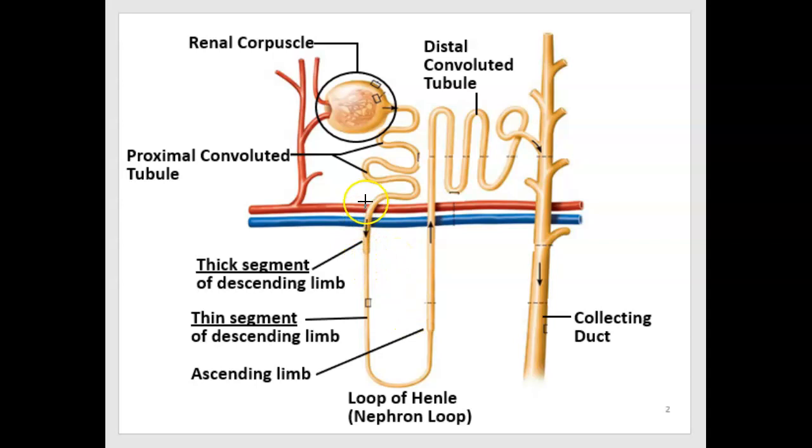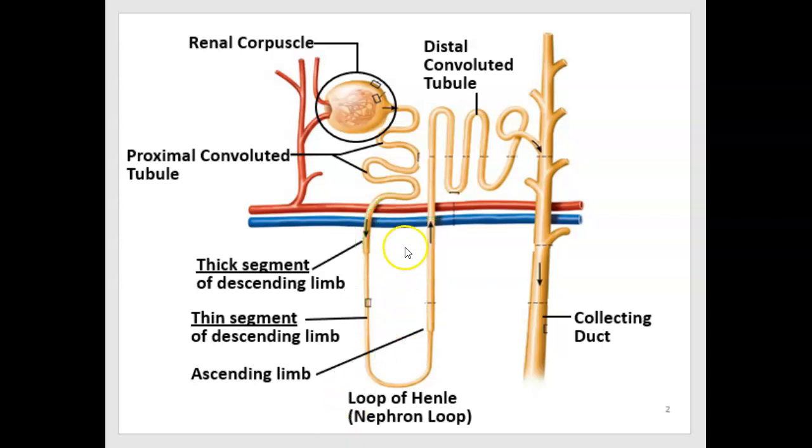We talked previously about how the nephron extending into the medulla and entering the loop is called the descending limb. And then as it travels back up to the cortex, we call this the ascending limb, because that's the way that fluid moves through it.